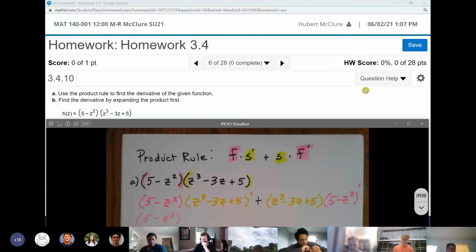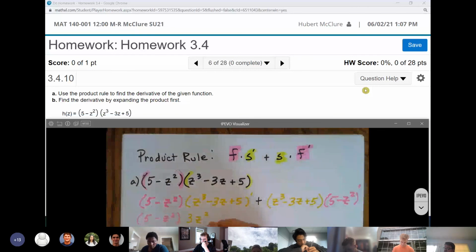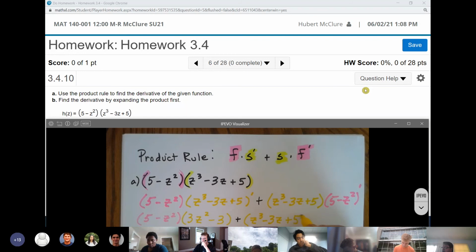That's going to be 3z squared minus 3, plus the second times the derivative of the first, which is negative 2z.